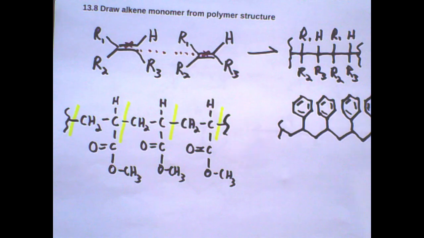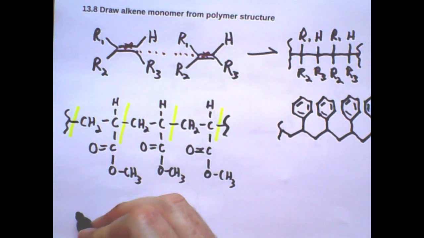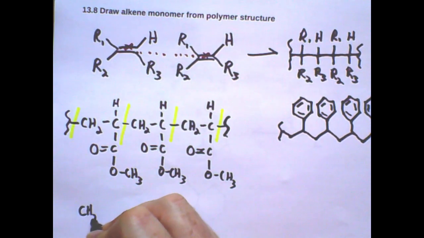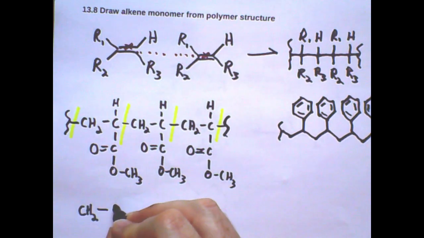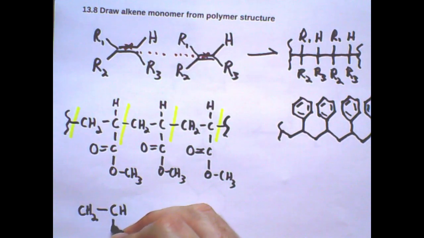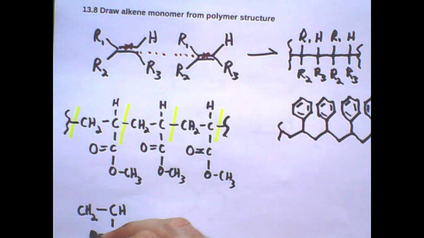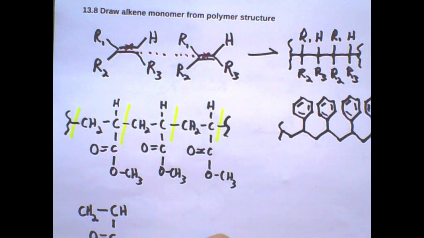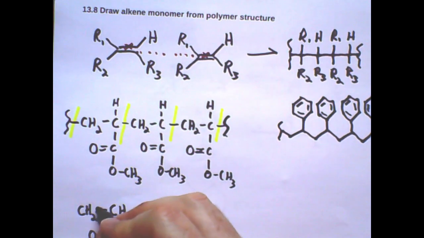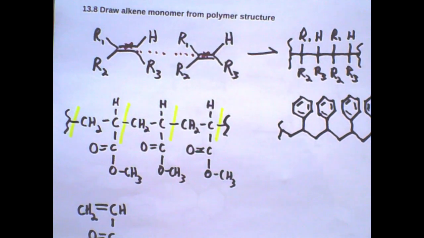Now I'm going to draw that repeated section. But instead of a bond coming off each side, I'm going to draw that double bond in the middle of these two backbone carbons.